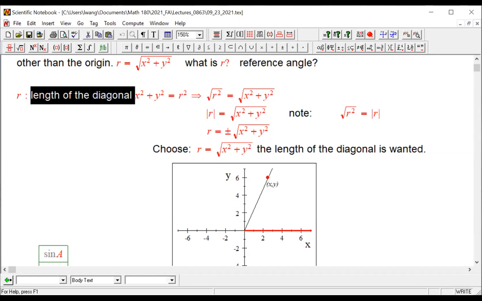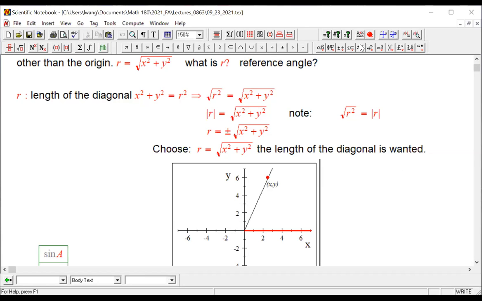Okay, so let's go back to see. Now I want to give you the complete picture for this part of work. So you can take notes. Now, this is x. Okay, this is x.